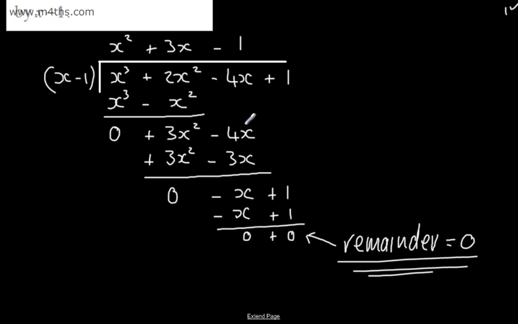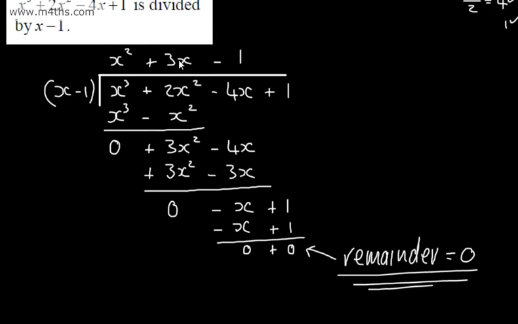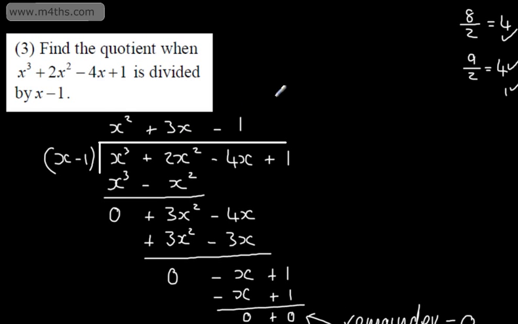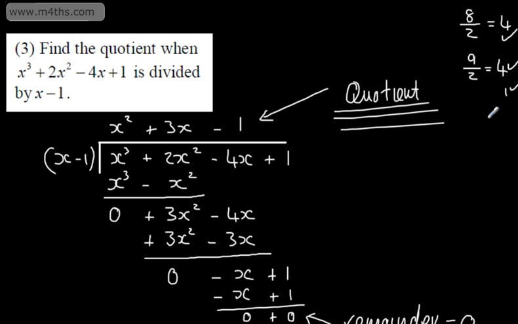So we could write this as the following. This is the quotient, the expression that we get just here, which is a quadratic, as we've divided a cubic by a linear. So we write this is the quotient, and the remainder is 0.